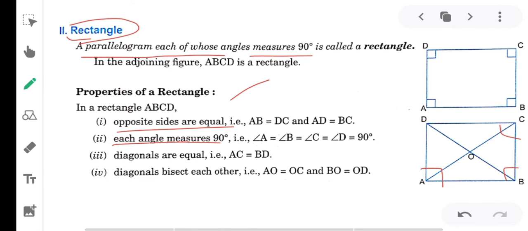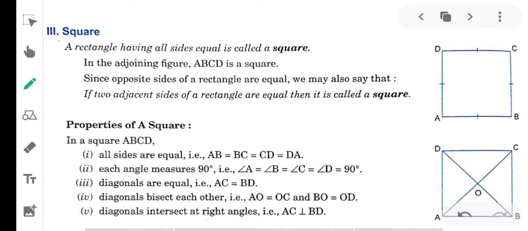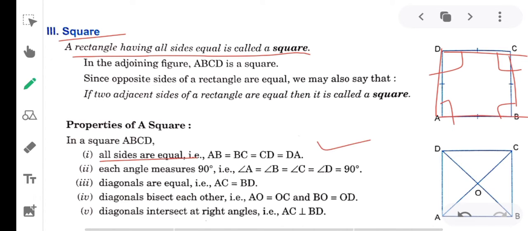Okay, moving to the next type of parallelogram, that is square. A rectangle having all sides equal is called a square. That means AB equals BC equals CD equals AD. As it is a rectangle, all angles are 90 degrees. Clear? Next property, all sides are equal and each angle measures 90 degrees.